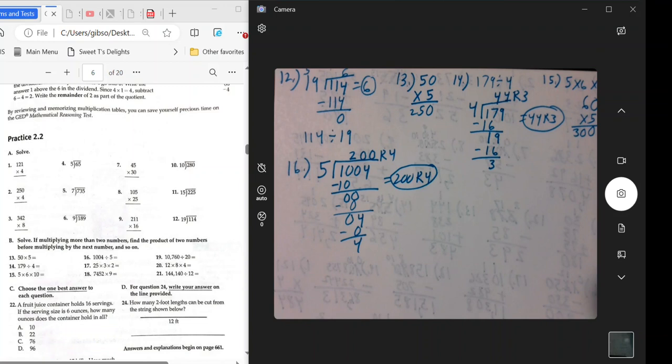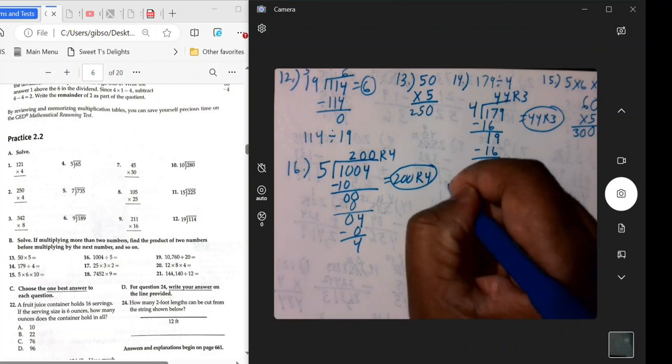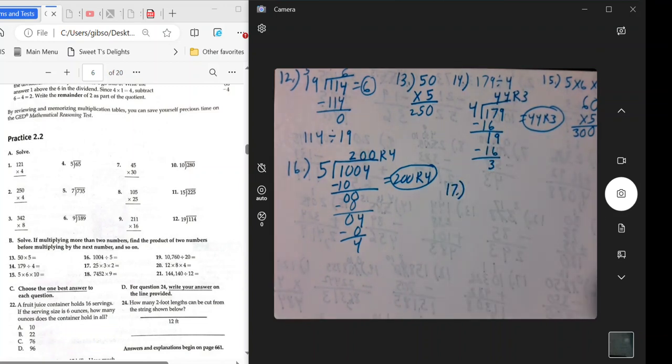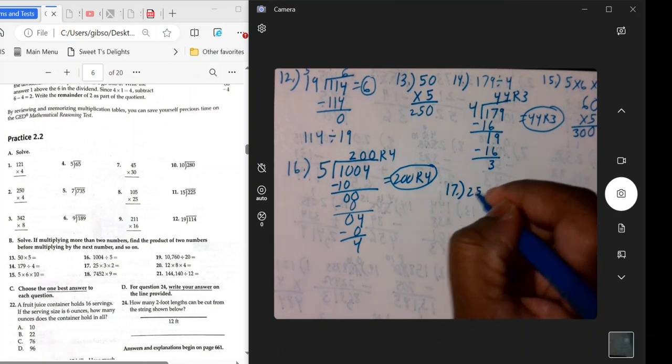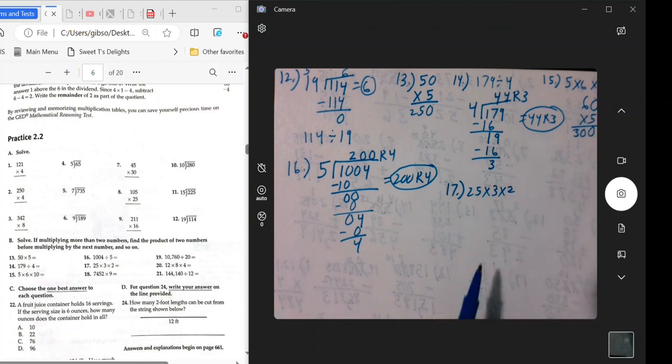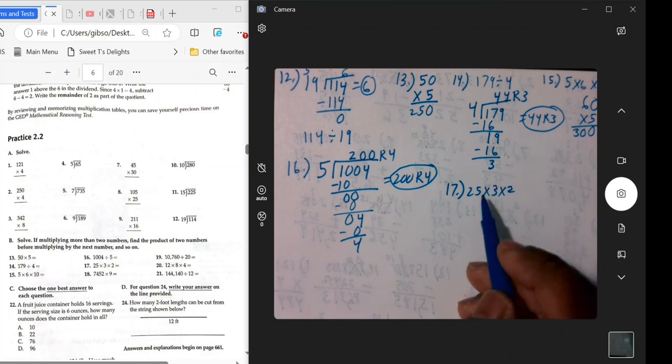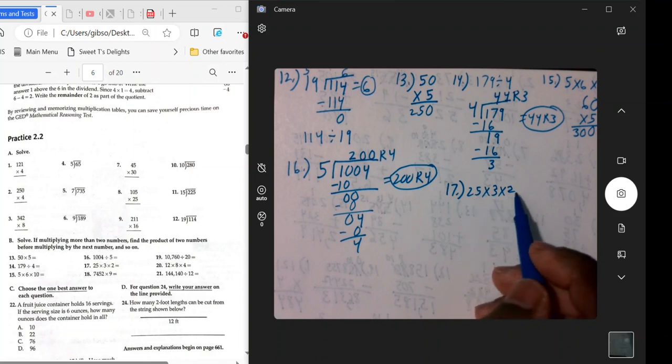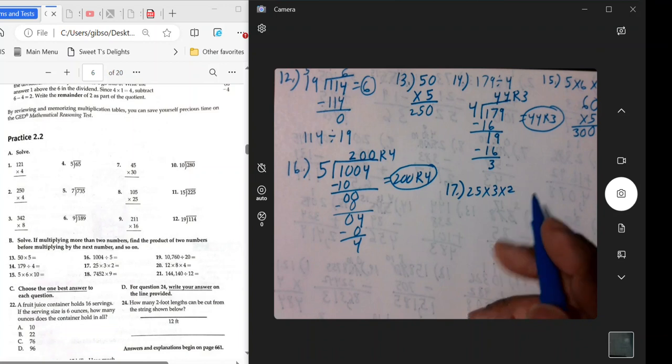Okay, now we move on to 17. Now 17, we have 25 times 3 times 2. Now in this problem here, we have no way of getting two-digit numbers multiplied by each other. So what I would do is 25 times 2, because we know if we double 25, that's 50.